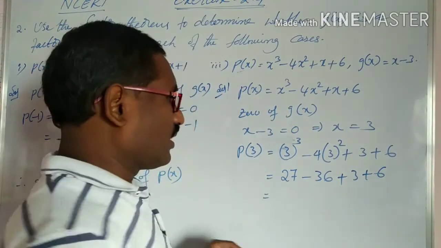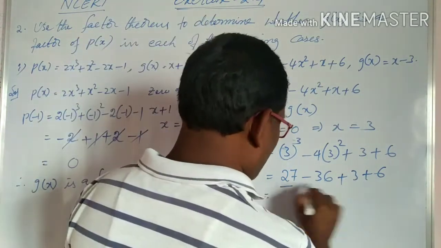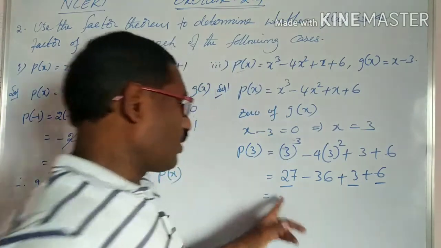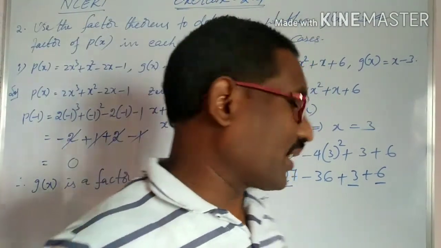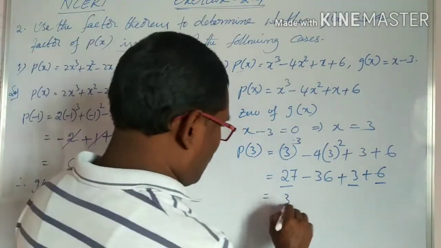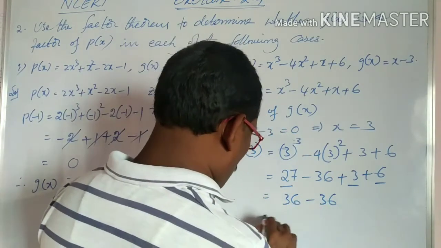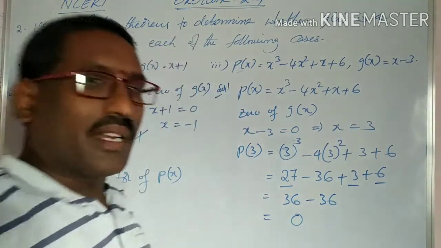Now observe here, these 3 numbers are positive numbers. 27 plus 3 is 30, 30 plus 6 is 36. 36 minus 36 is equal to how much? 0. Here also the remainder is 0.